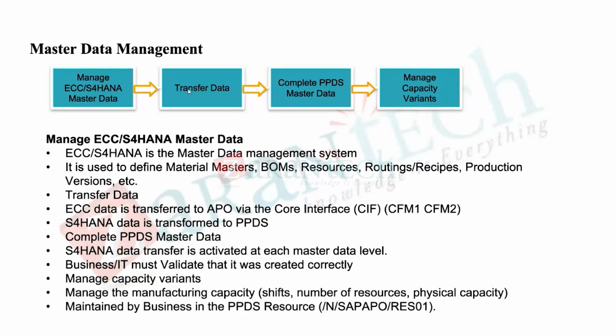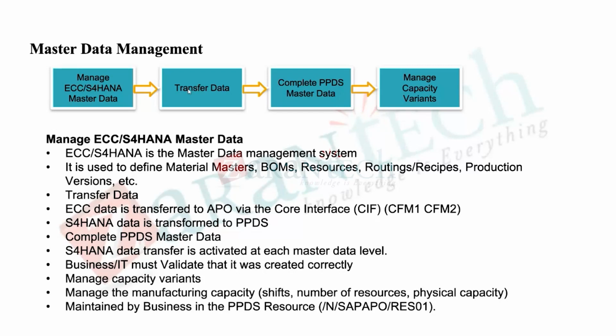If it is an APO and ECC environment, then you literally transfer the data via the core interface. Okay, a queue gets generated and so on. But when it comes to PPDS on S4HANA, we call it just ePPDS. Okay, ePPDS is what? Can anybody guess the meaning of the E in PPDS? When I say PPDS on S4HANA, I call it ePPDS.